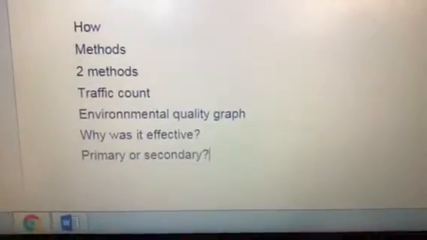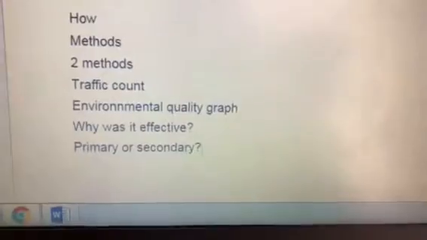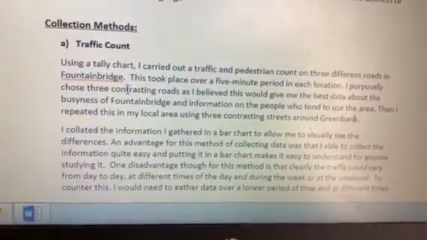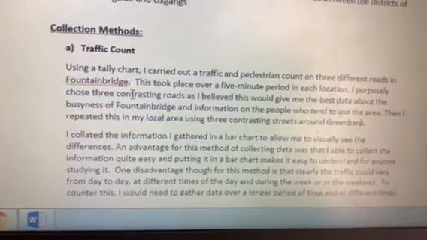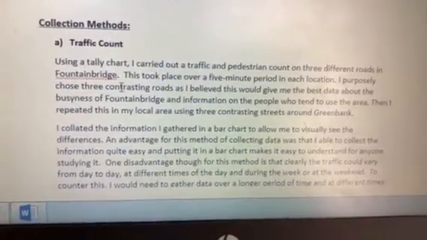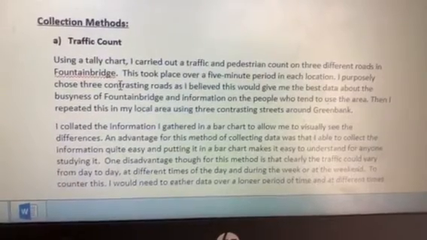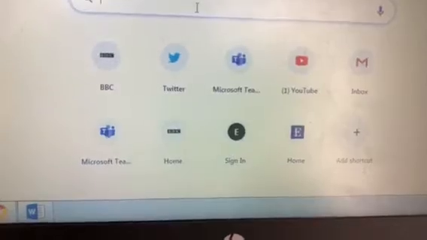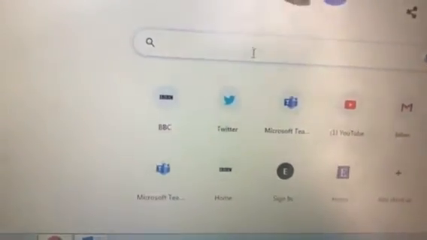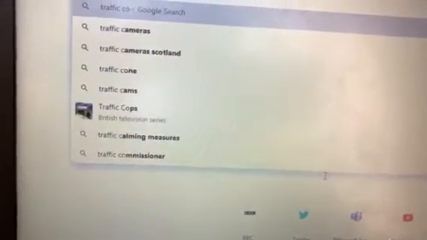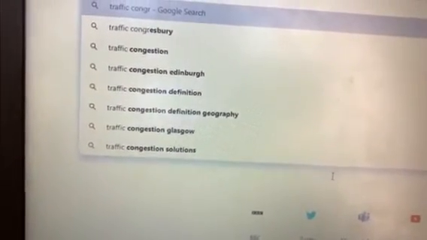So for example, if you're looking at a traffic count, this is a primary bit of data because you're collecting it firsthand. You in the street, looking at the number of vehicles and type of vehicles going past, it's primary data. If on the other hand, you were looking at a newspaper article of traffic congestion, let's try and find one.